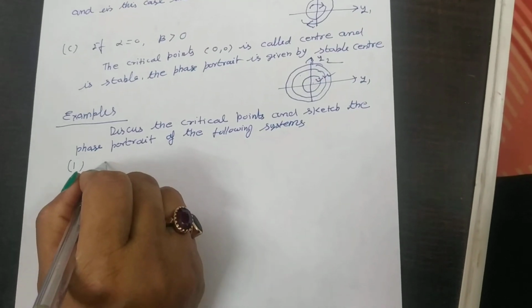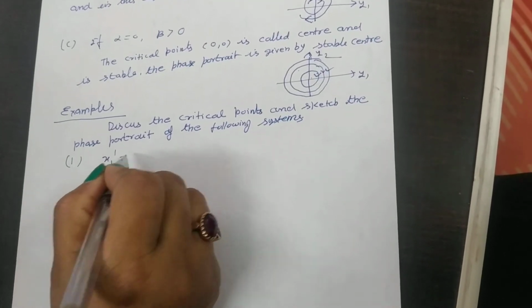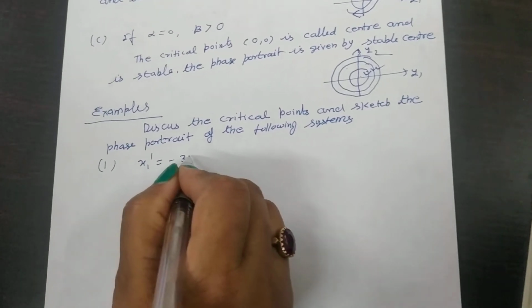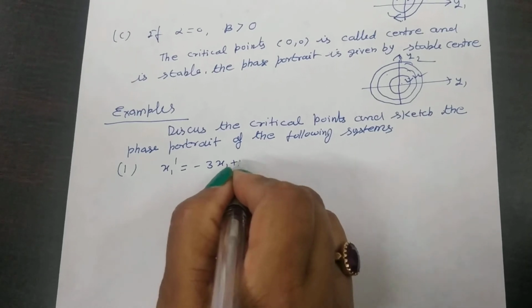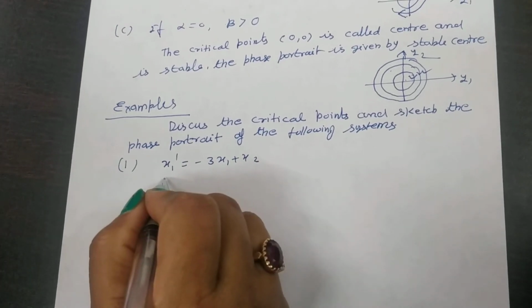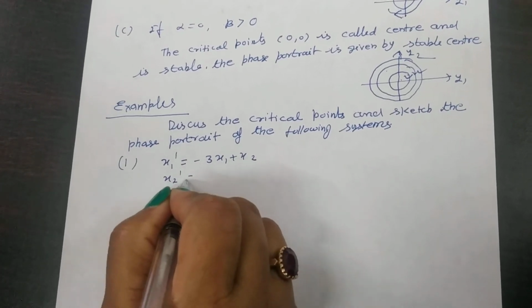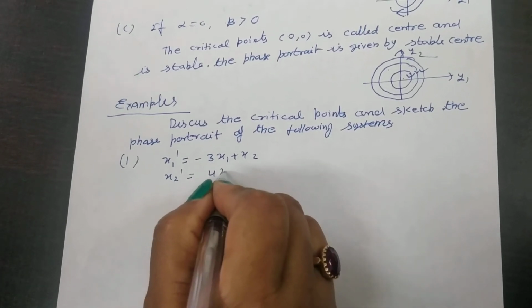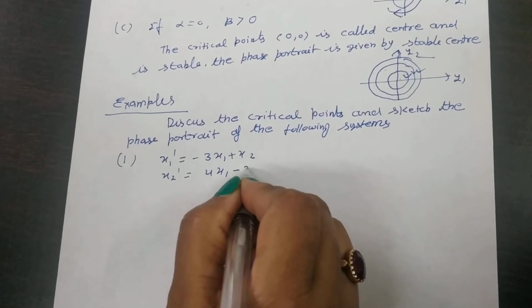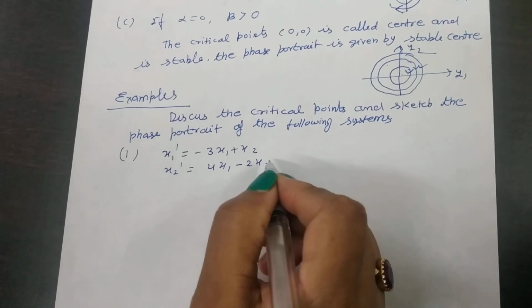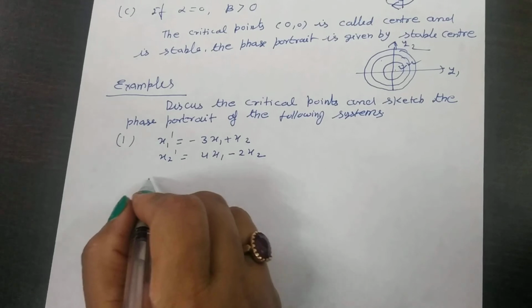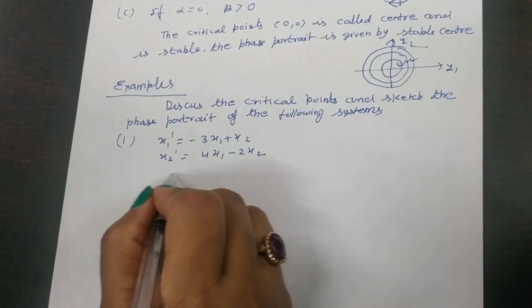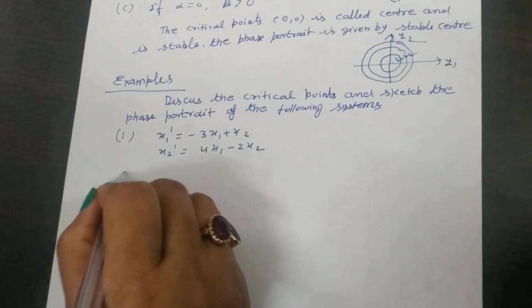The first example is like that: x1 dash is equal to minus 3 x1 plus x2, and x2 dash is equal to 4 x1 minus 2 x2. Here, find the characteristic polynomial, the determinant of A minus lambda I, for the solution.